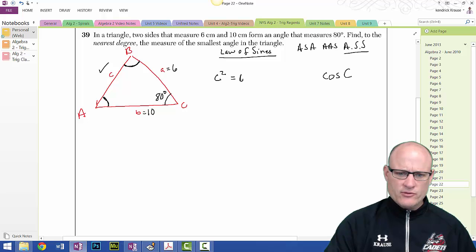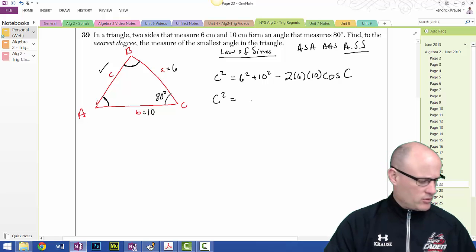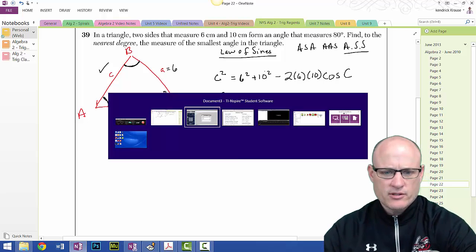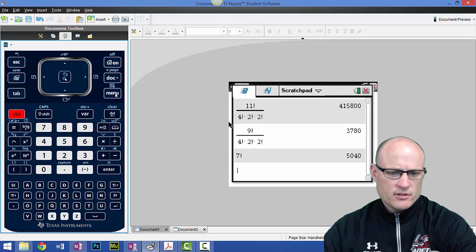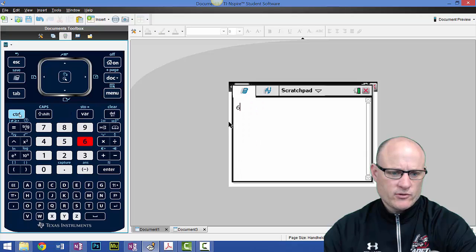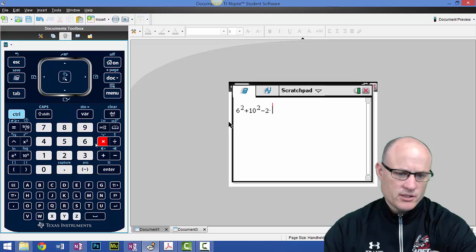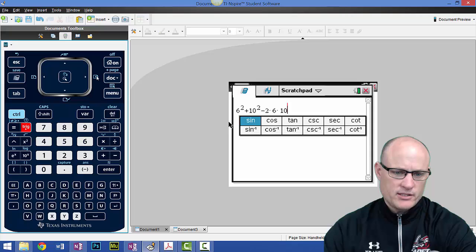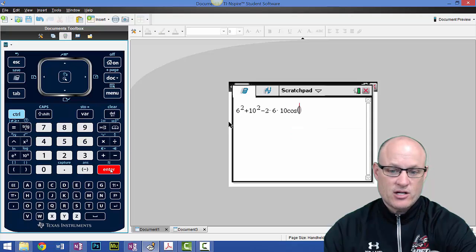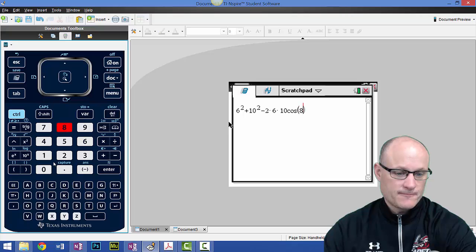So let's go 6 squared plus 10 squared minus 2 times 6 times 10 times cosine of 80. I'll type it all in at one time. Don't make dumb mistakes, and don't hit sine. It's the law of cosines, for heaven's sakes.